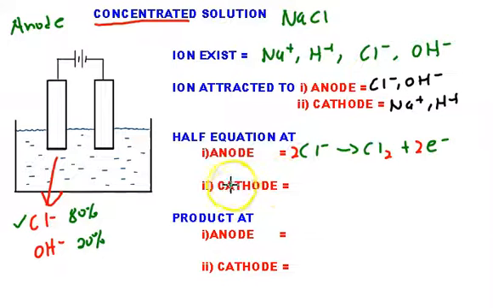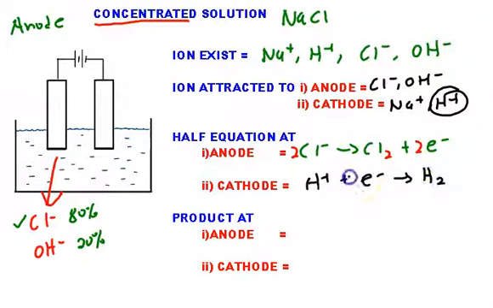For the cathode, you have the usual thing, which is hydrogen. Hydrogen will be discharged, accepting an electron to form hydrogen gas. The products here will be chlorine gas and hydrogen gas.